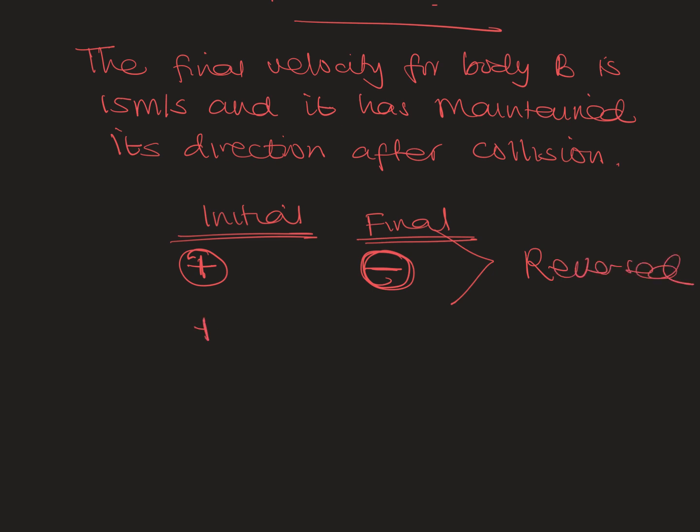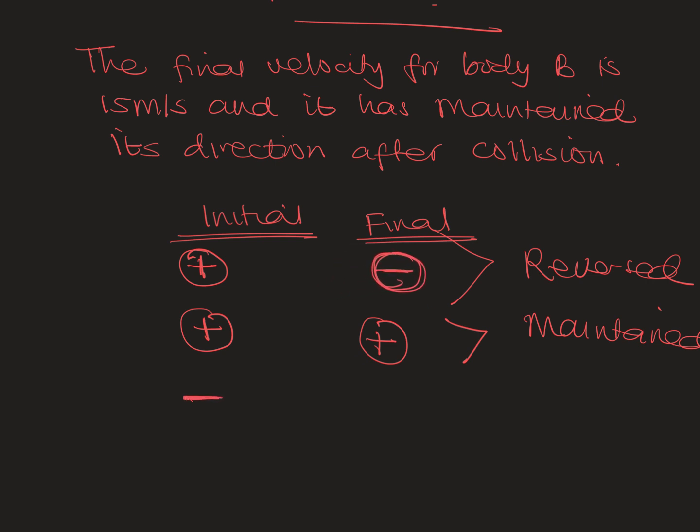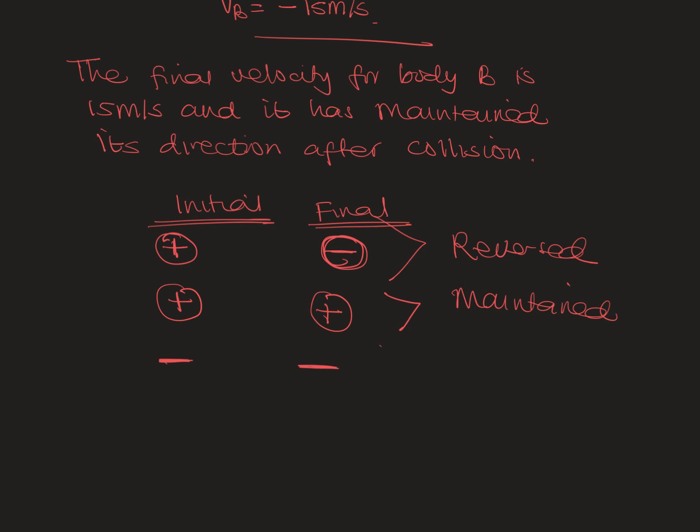But if the initial velocity is positive and the final velocity is positive, it means it has maintained its direction. If the initial velocity was negative and the final velocity is negative, it means it has also maintained its direction.